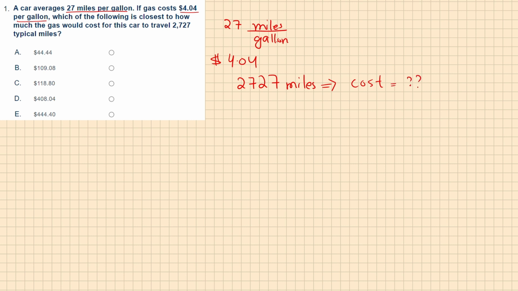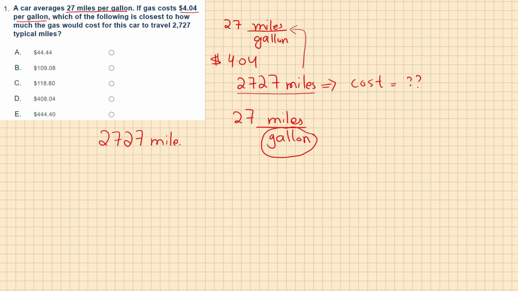So here, you can see this is your relation given, 27 miles per gallon, and you have a total of 2,727 miles. In order to find the cost, first we need to find the number of gallons. So you will divide 2,727 miles by 27 miles per gallon.